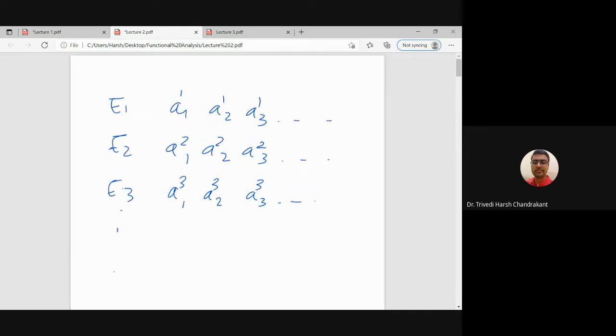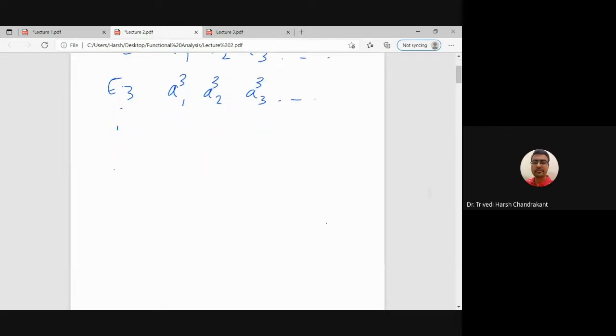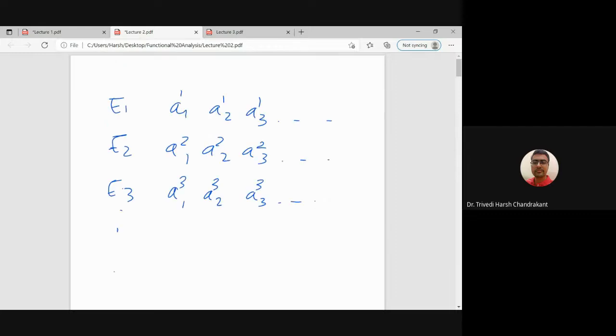And then what is the idea? The idea is we need to fill all these elements in a sequence form, right? So the idea is that we will fill all the elements diagonally, one by one.